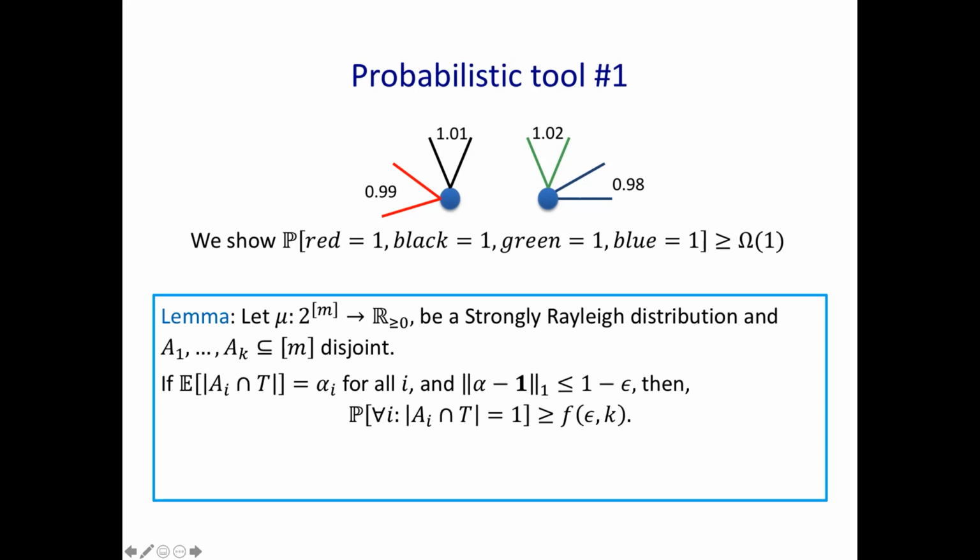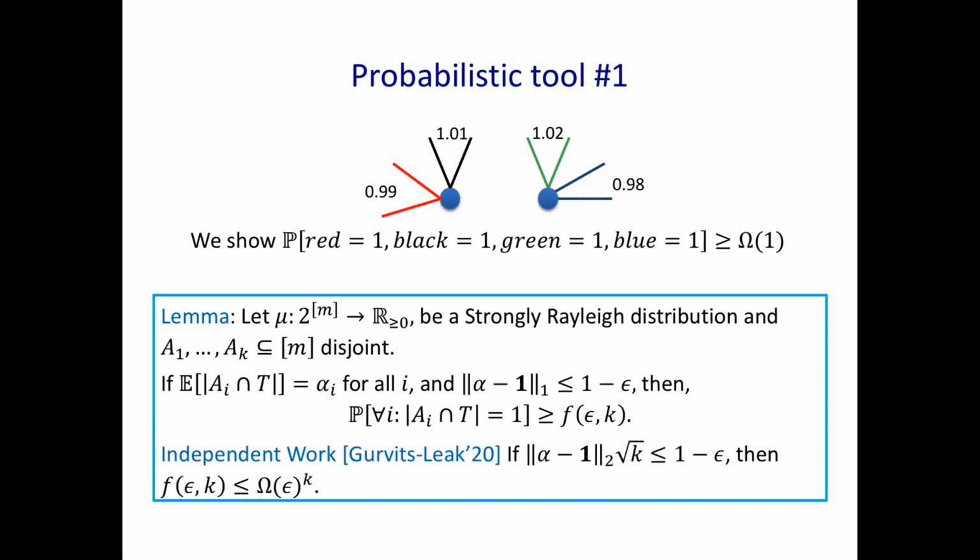And I'm using T here for tree, but again, this holds for general SR distributions. And I call this a generalization as this was previously known for k disjoint subsets that each had expectation exactly 1, but now we allow some deviation. And actually, recently, Gurvits proved a related theorem, which has a much better dependence on k, but is slightly more restrictive due to this square root of k here.